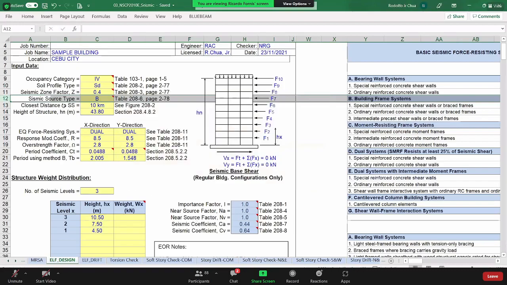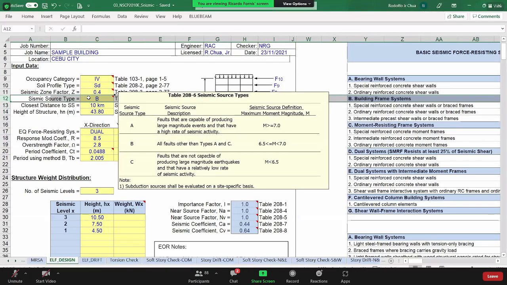Now, how do we determine kung unsa siyang magnitude? For now, we don't have the guidelines sa NSCP, but we can always consult PHIVOLCS. Now, if you cannot consult PHIVOLCS, ang usual natong ang gina-consider is to have a conservative assumption. That is to consider type A. So conservative na lang, meaning safe na side. No?